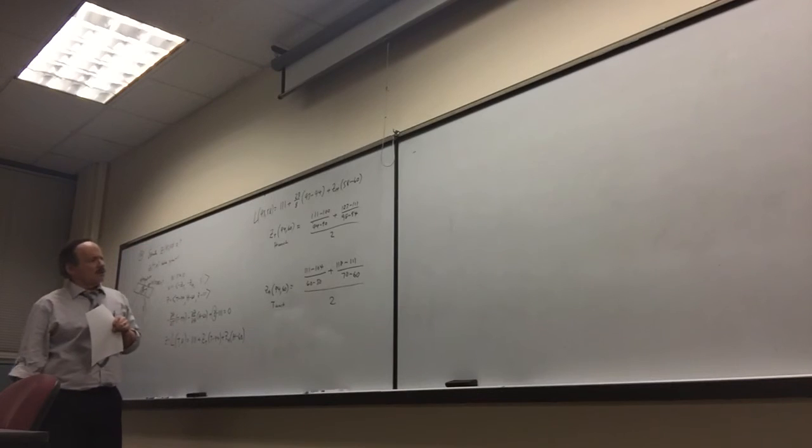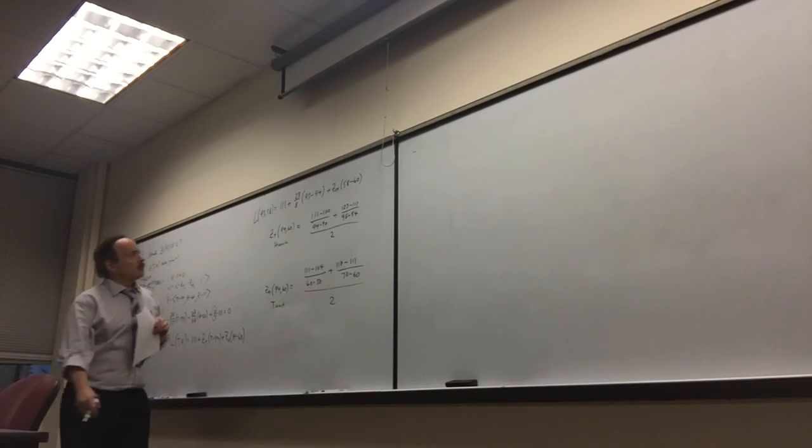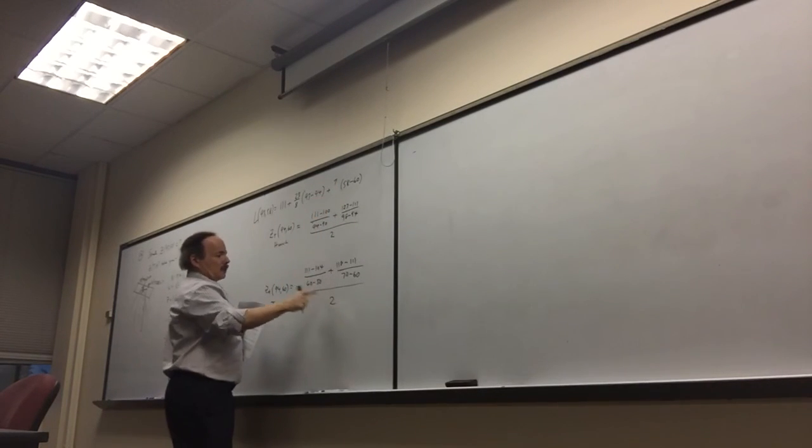This is 7 and 7. 7 over 10 plus 7 over 10 is 14 over 10, right? So then divide by 2. Wouldn't it be 7 over 20? I'm sorry, yes.